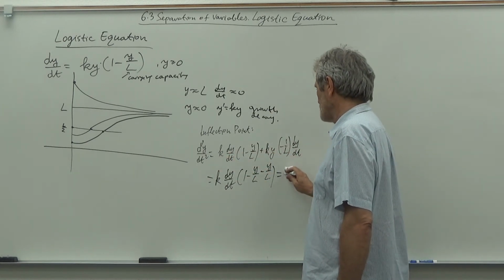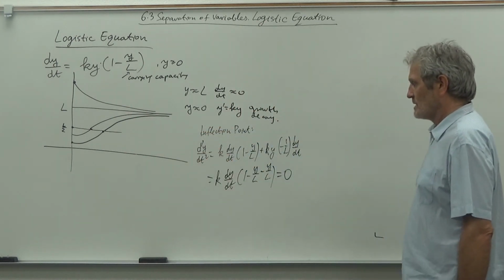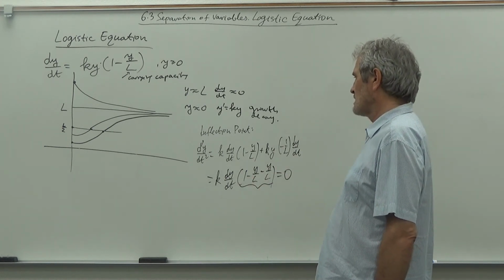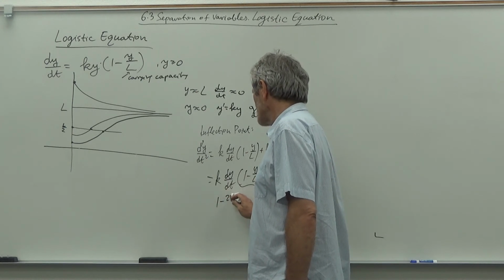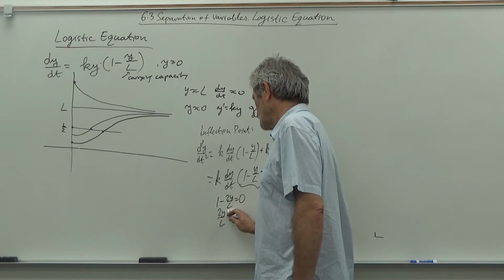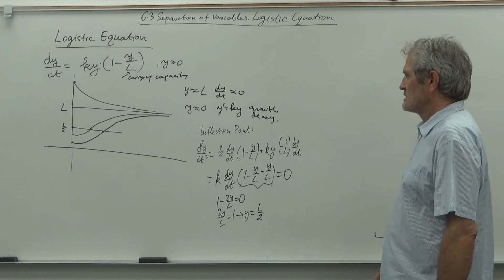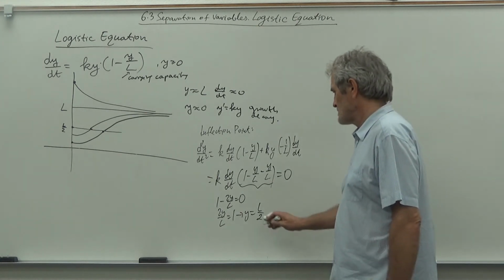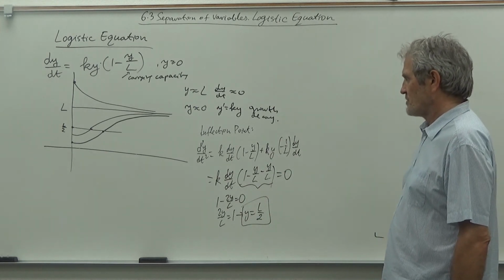So if this is 0, unless you are at 0 on the equilibrium line, so-called, then critical points of the second derivative are here, so that's 1 minus 2y over L equals 0. If you solve, 2y over L equals 1, y equals L half. So here's where your second derivative is equal to 0, and then what happens before that?